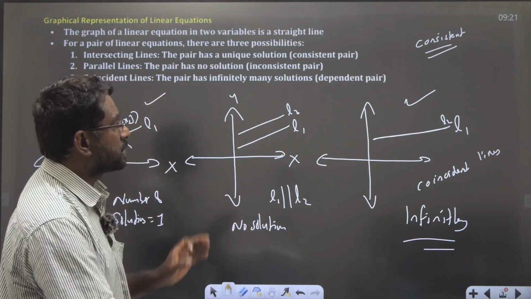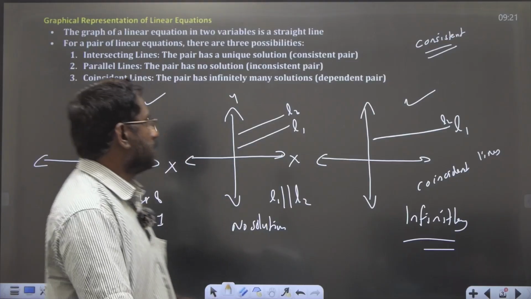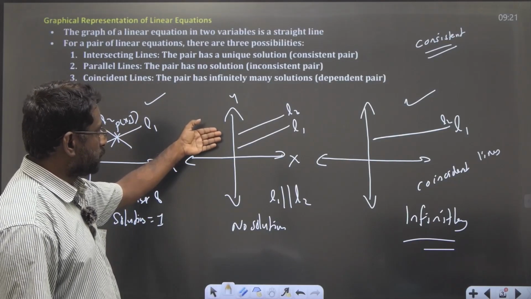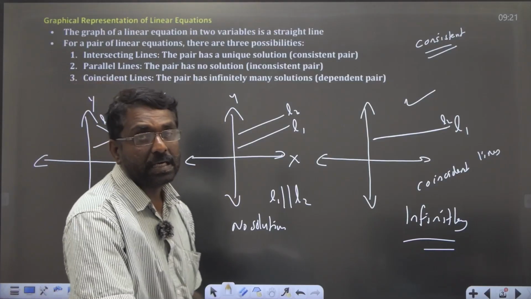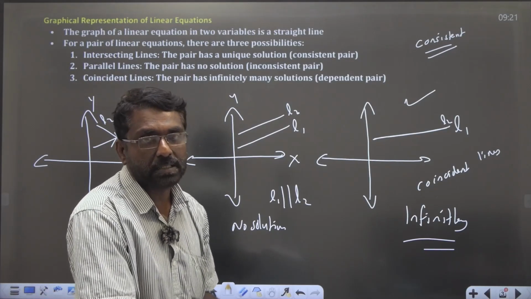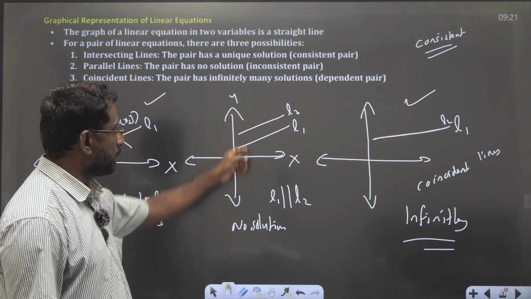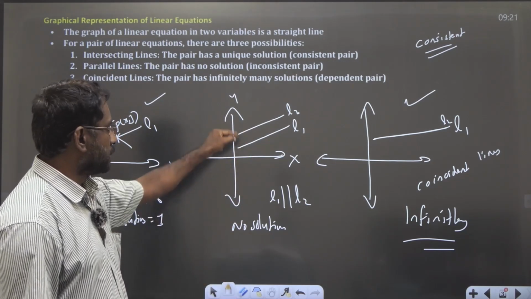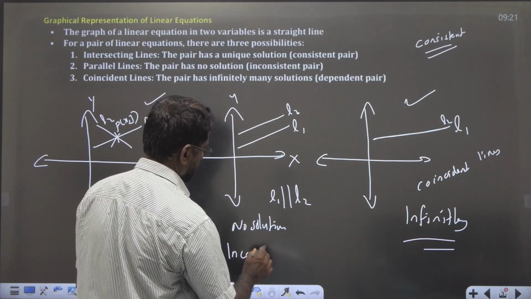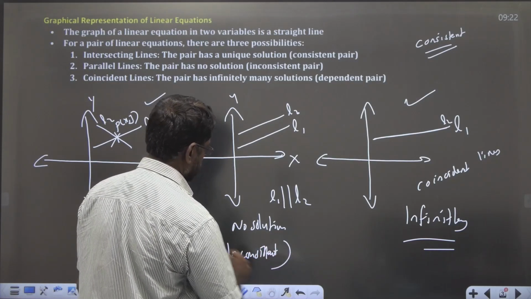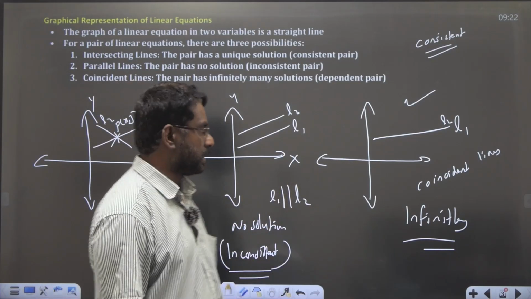And if a solution doesn't exist, such type of equations are called inconsistent equations, or not consistent. This is an inconsistent system. Here there exists no solution, so it is an inconsistent system.